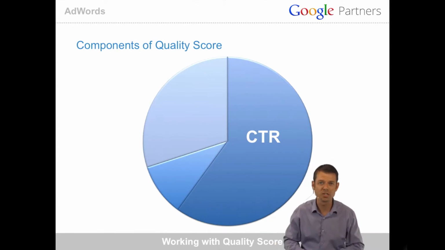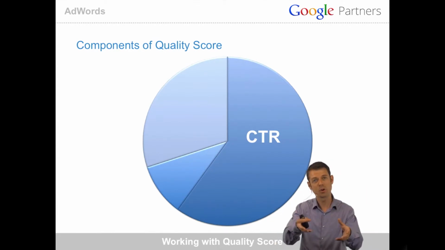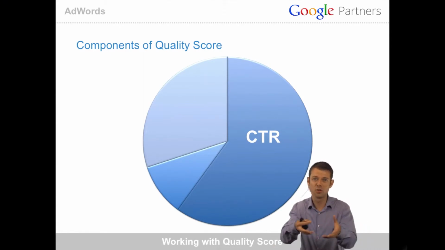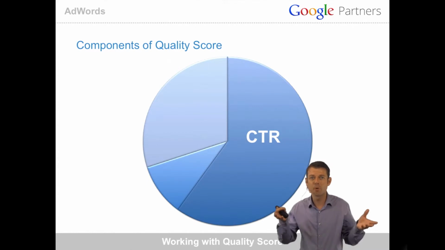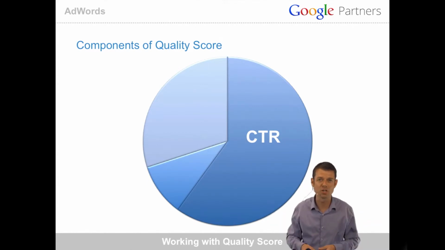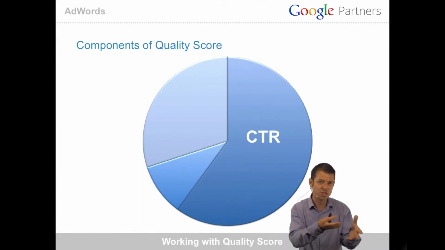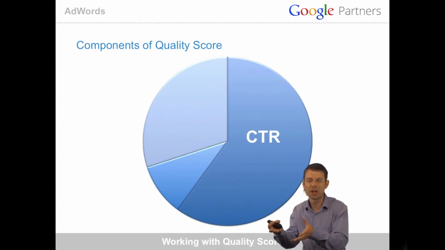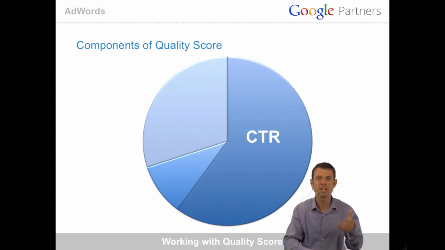No, instead what Google does is it says, we're going to show ads and we're going to look at how users respond. If we show an ad to a user and a lot of users click on that ad, then that probably indicates it was answering their question. It was probably a good ad result. So based on the click-through rate, Google has a signal, which is the wisdom of the crowds, telling them these are the better ads and these are the worse ads. So that's why click-through rate is such an important signal.